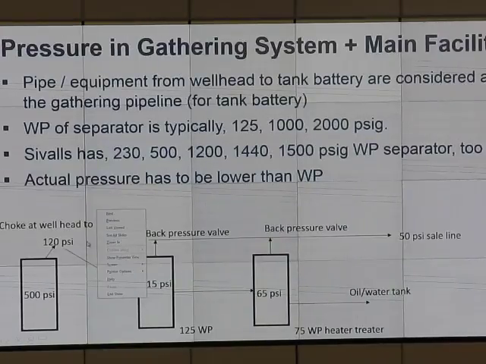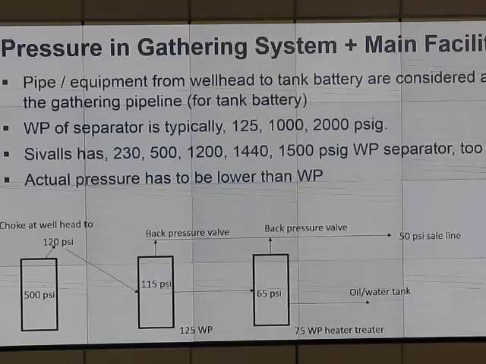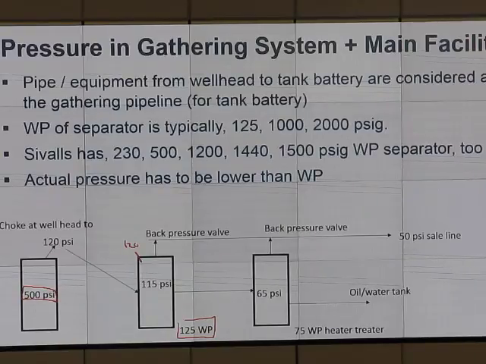So if you have a well pressure of 500 psi, for example, that's the well pressure, right? And we know that the separator working pressure is 125. Don't exceed it. You may set the pressure relief valve at 120, so it won't go above 125.